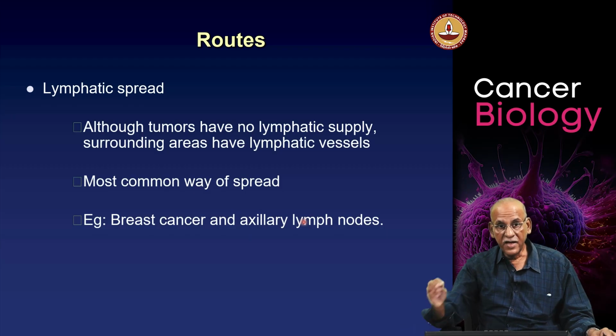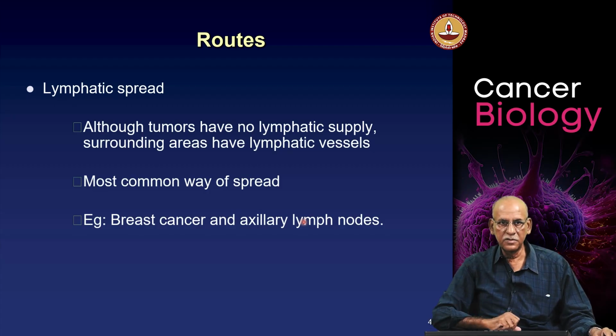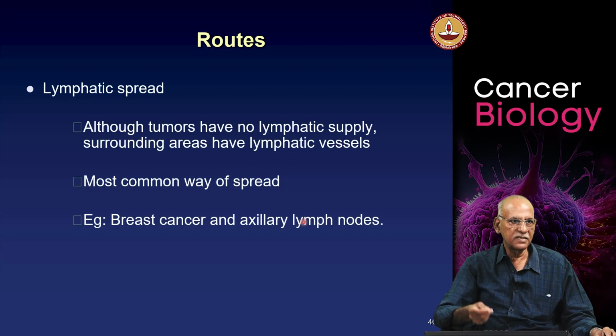Because if the cancer has spread to lymph nodes, that is an indication that it is going to be metastatic. So, they look at lymph nodes and look for cancer cells there. In fact, they may take a biopsy and look for cancer cells in those lymph nodes.